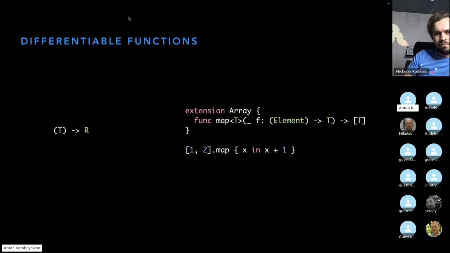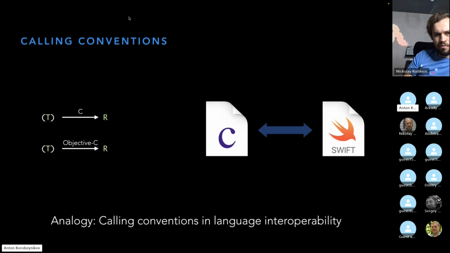That means there should be some kind of extra information that allows the function to be differentiated. So the question is, how do we represent this extra information in the function type? Can we add some kind of special function type? The thing is, yes, because special function types in Swift already exist, and therefore we can look at some prior art from language interoperability.